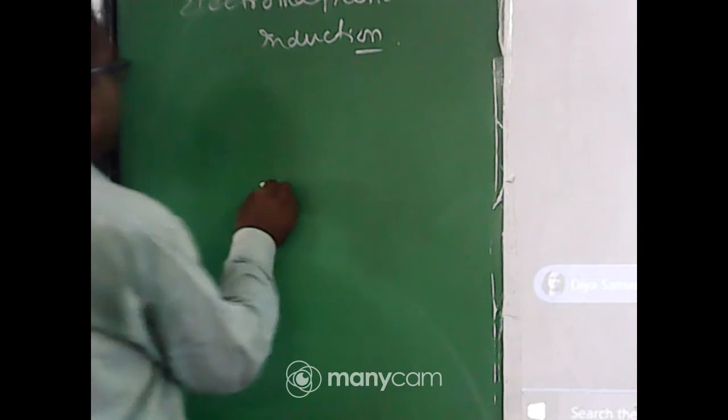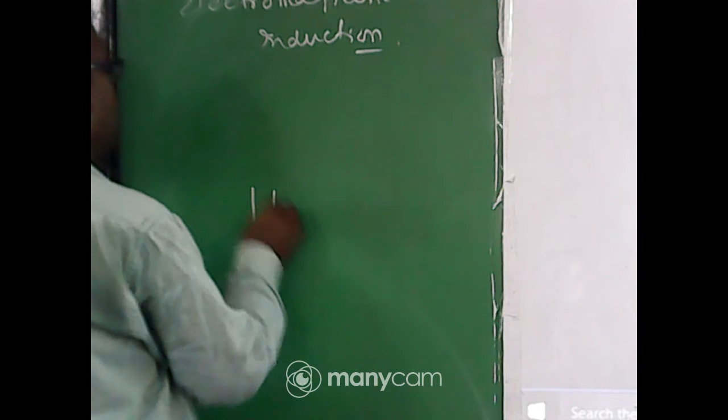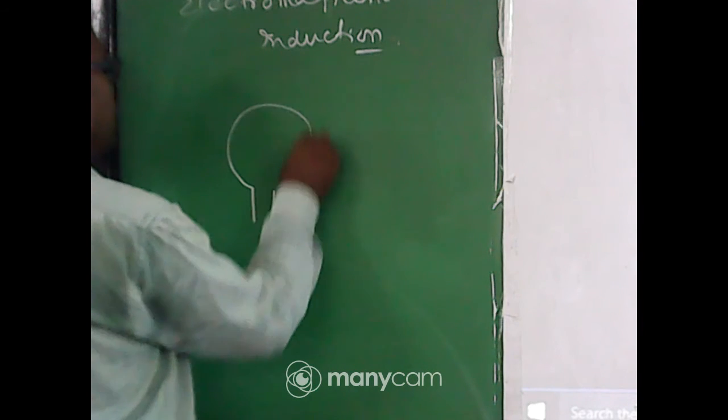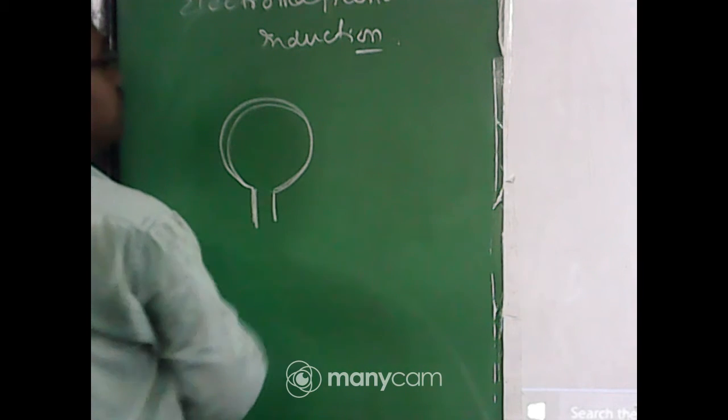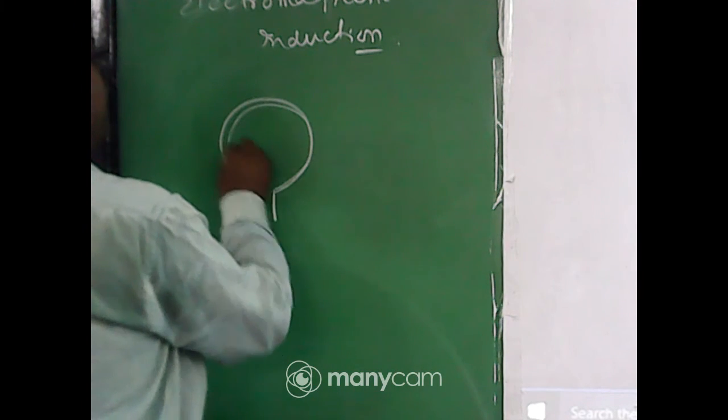Suppose you consider a current passing through the coil. The direction of the current is this.